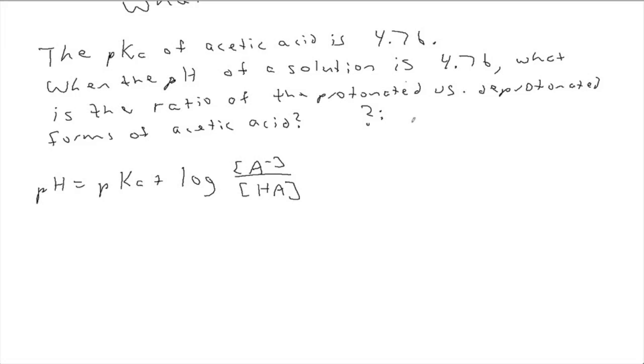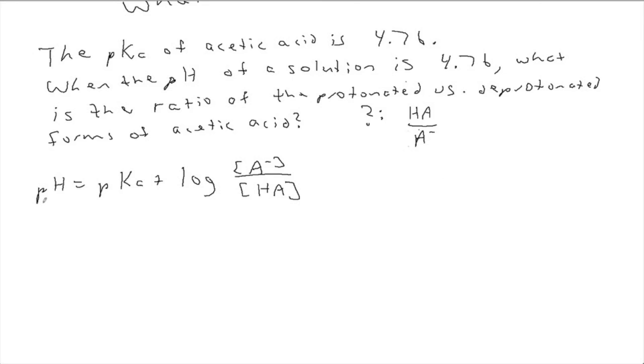What is the ratio of A to HA? Or A minus to HA? Like this? No, the other way around. So it's very important to put the correct thing on the top and the correct thing on the bottom. Here the question mentioned protonated first, so we'd want to write the ratio like this. So this is a common type of question. Let's see how to solve this.